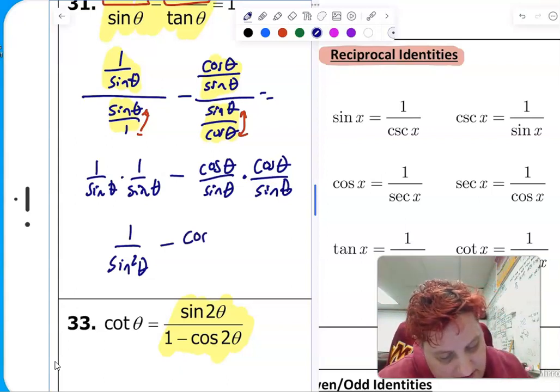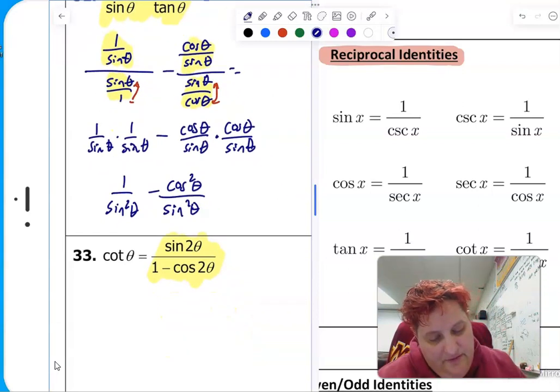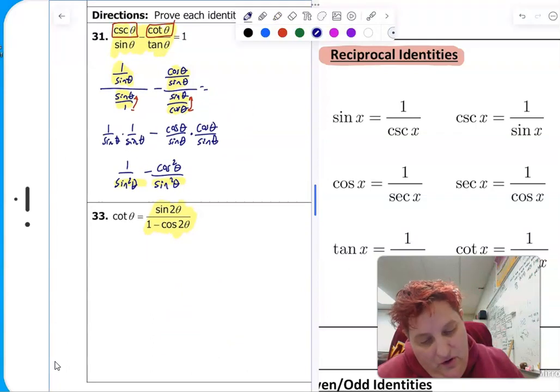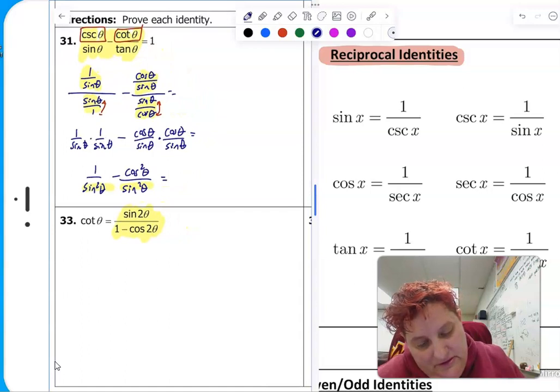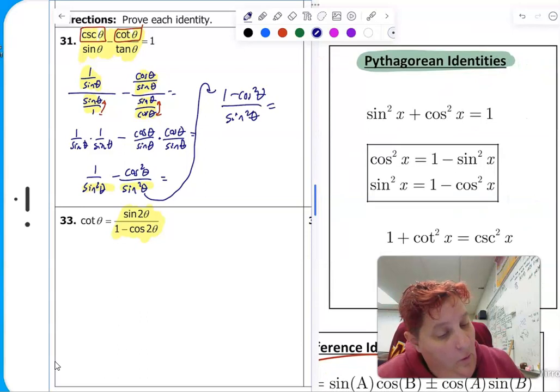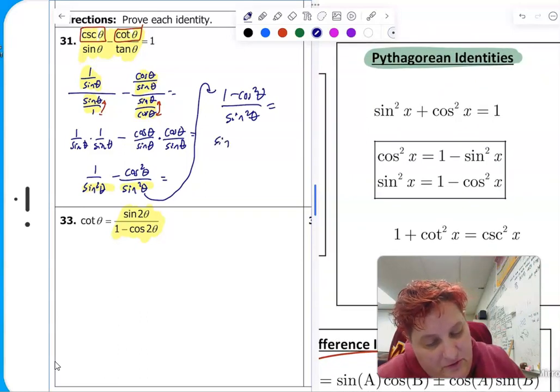So that's going to be minus cosine squared over sine squared. But check it out. I have a common denominator. So when I put this together, I'm going to have to give you guys more room on the test. Alright, let me come up here. Okay, I get 1 minus cosine squared over sine squared. And if you remember, 1 minus cosine squared is sine squared.